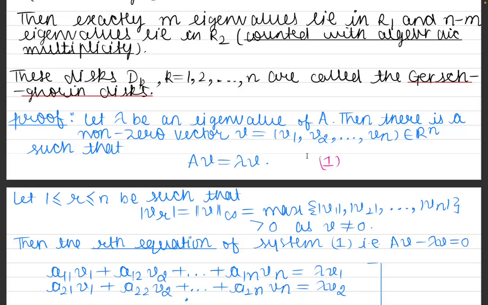So these disks D_k, k varying from 1 to n, are called the Gauss-Gorin disks.